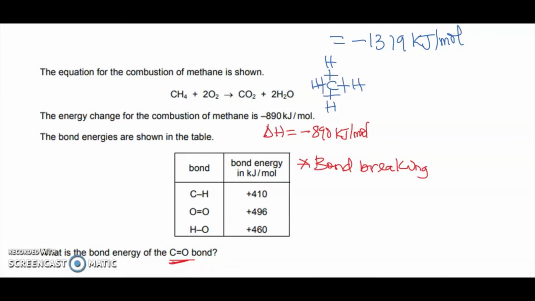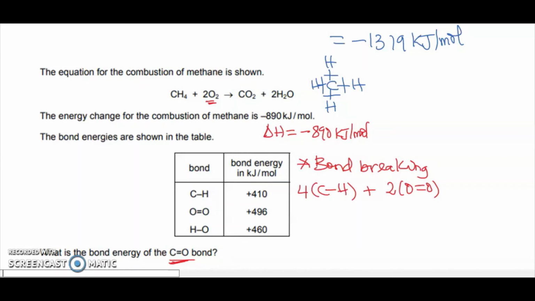So we are breaking 4 CH bonds. So we have 4 CH, plus over here we have 2 oxygen bonds, double bond of course, like we saw in the previous case above.